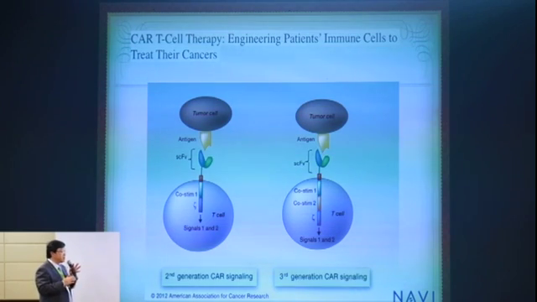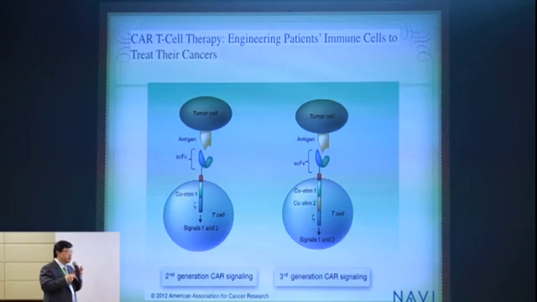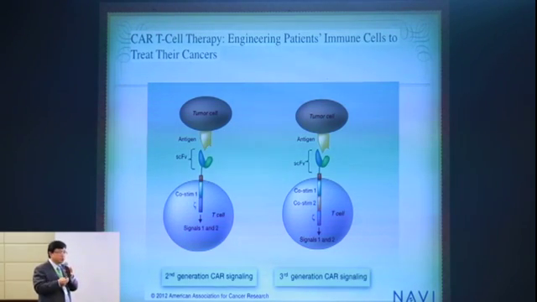But there is a very serious side effect because the gene-modified immune cells lack an inhibitory signal. So when the patient receives the immune cell therapy, their immune function overreacts. Sometimes it induces a cytokine storm. Sometimes we call it cytokine release syndrome.